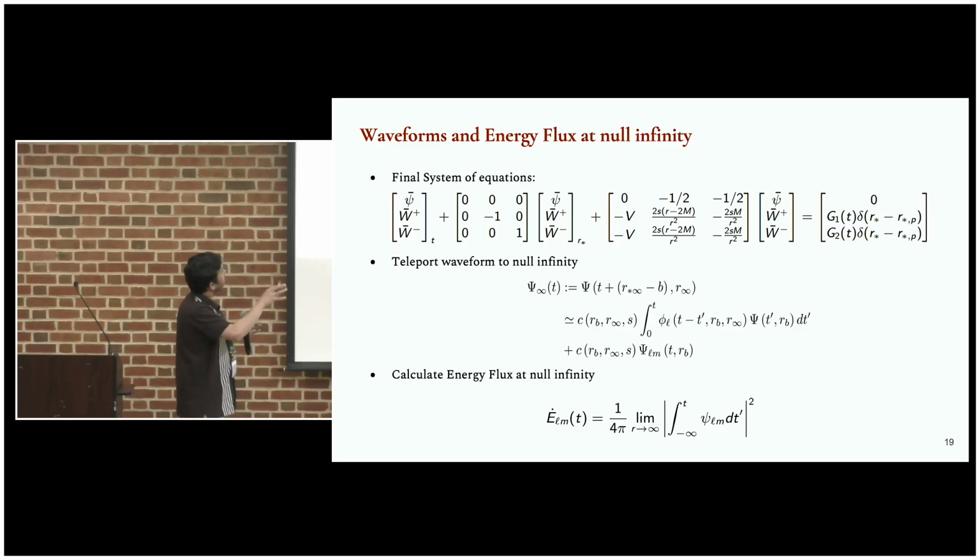The idea here again is to show the entire pipeline in one slide. The upshot is that we solve a matrix of equations of this form where you have delta functions on the right-hand side. Once you have the solution at a finite value of r, you can teleport it using the teleportation kernels. Once you have the waveform at null infinity, you can calculate the energy flux using this method.